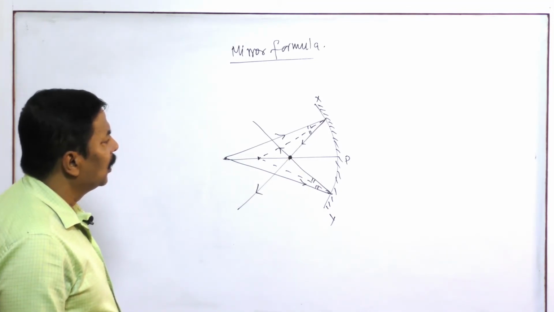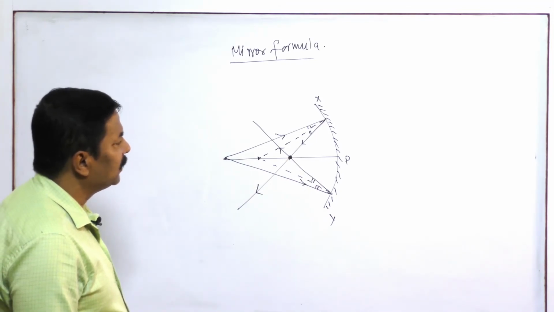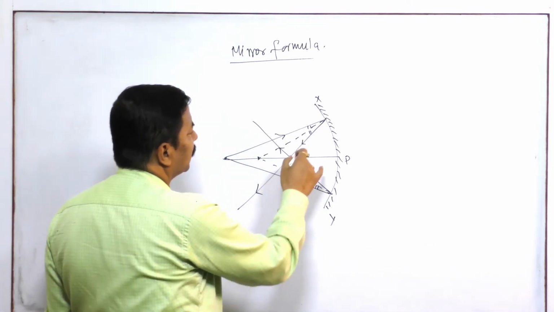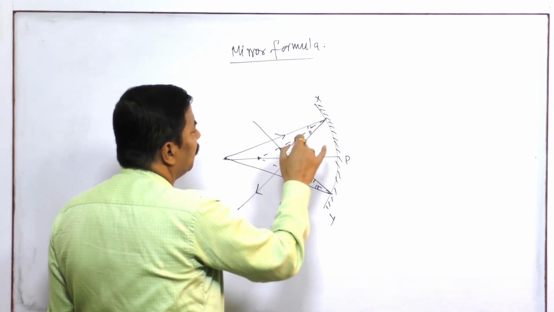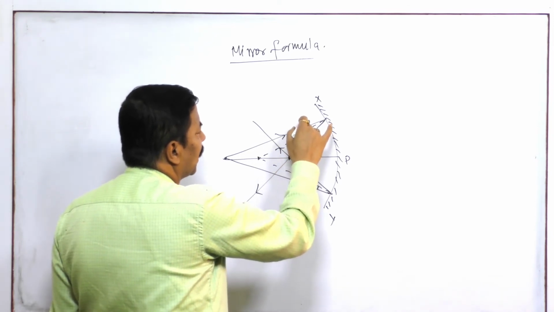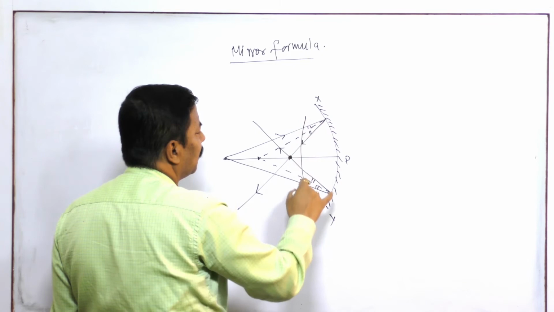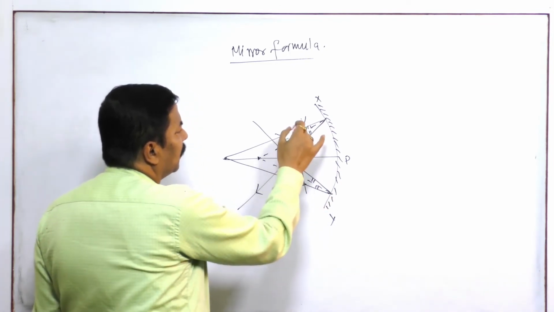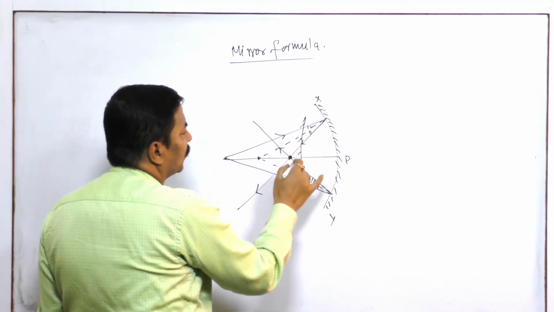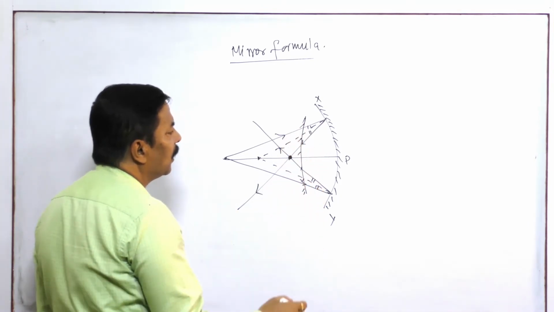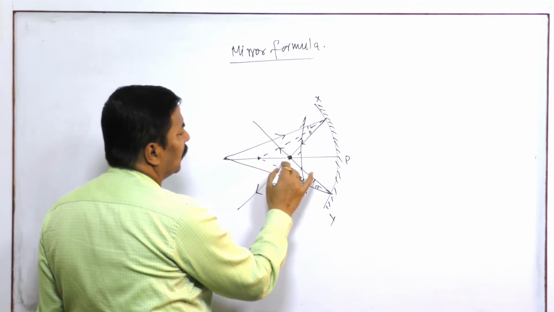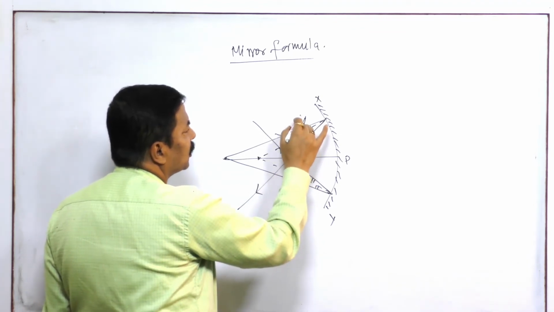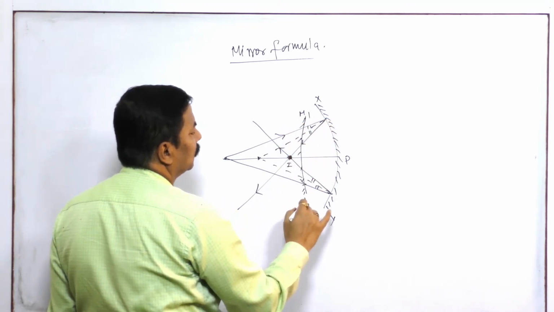Before the final image, if some system is kept here where the reflected rays are meeting, suppose another concave mirror is kept here, then you will observe that for this concave mirror, this initial image will behave as the object for this mirror M1, M2.